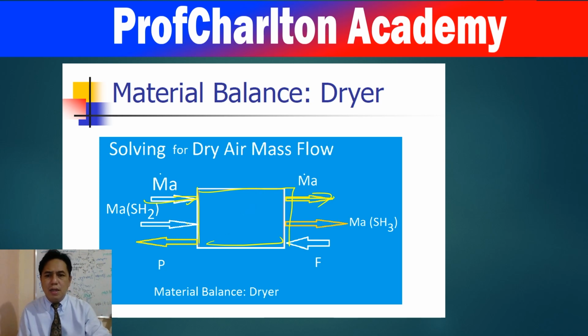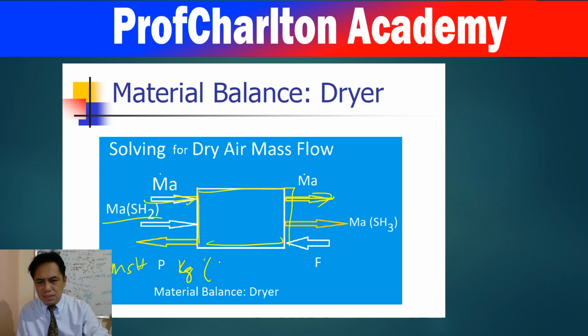But here, in order to get the balance, we have the mass times specific humidity. Mass is in kilogram, and specific humidity is kilogram of water vapor over kilogram of dry air.